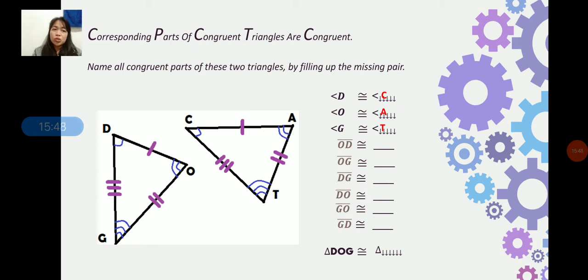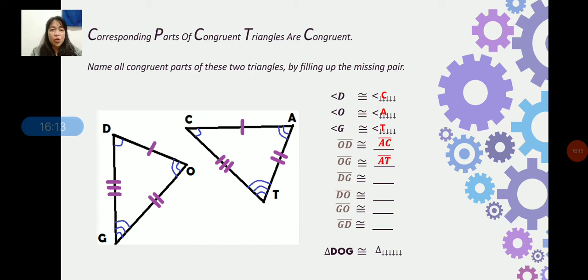Now I want you to look at the arrangement of letters. Correspondingly means that they should be in order. Okay? So OD, again, OD should be congruent to, what is your answer? It should be AC. Again, not CA, but AC.